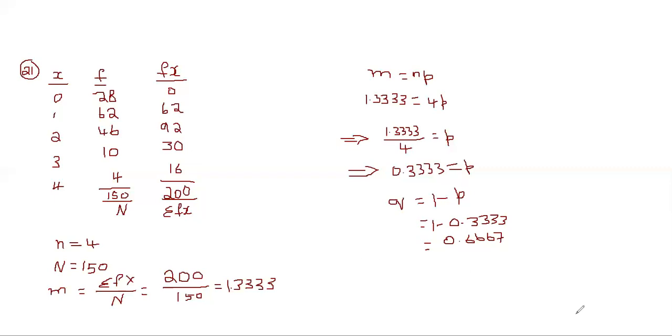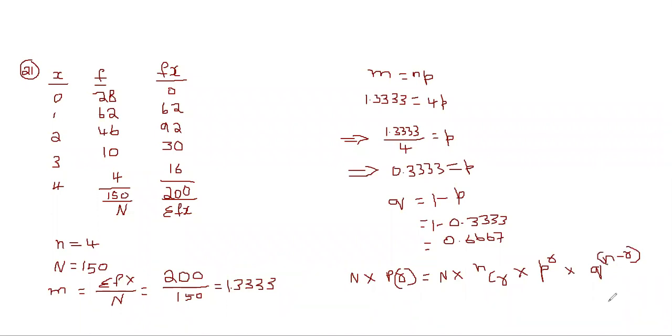For fitting a binomial distribution, the formula is N into P of r is equal to N into nCr into p raised to the power of r into q raised to the power of n minus r.